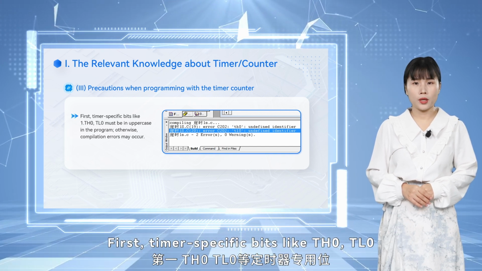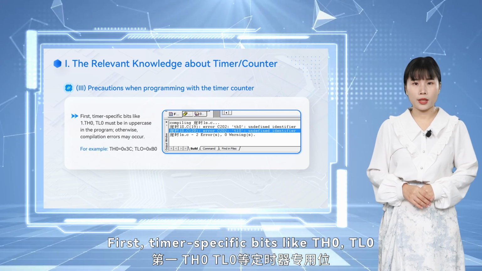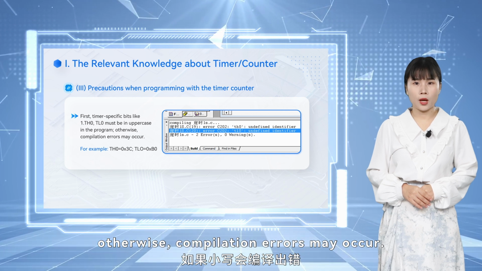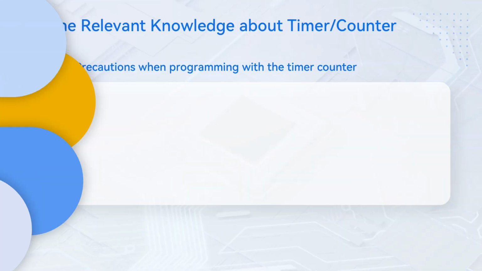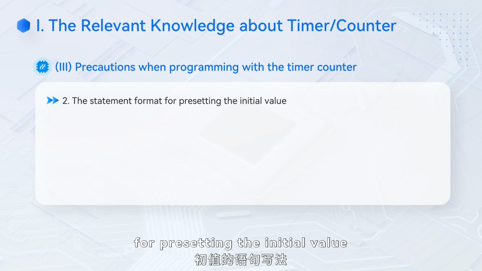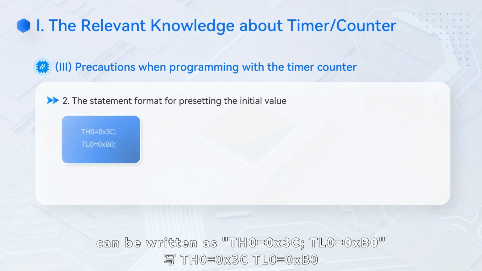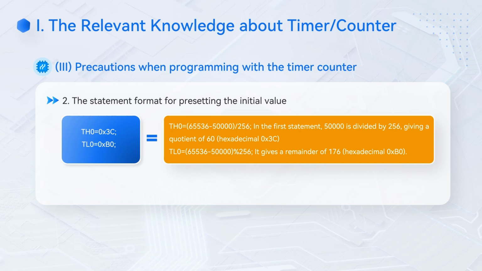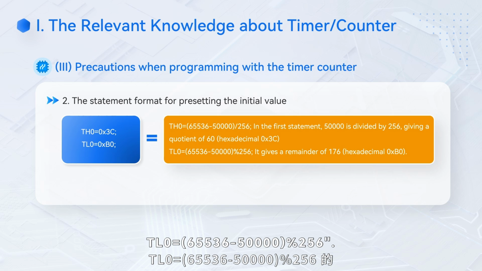First, timer-specific bits like TH0, TL0 must be in uppercase in the program, otherwise, compilation errors may occur. Second, the statement format for presetting the initial value can be written as TH0 = 0x3c, TL0 = 0xb0 or TH0 = (65536 - 50000) / 256, TL0 = (65536 - 50000) % 256.